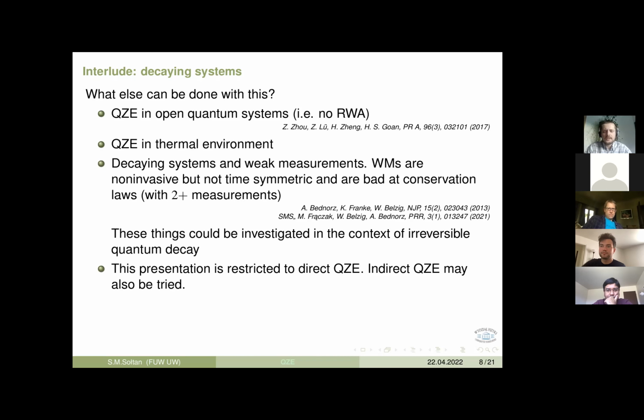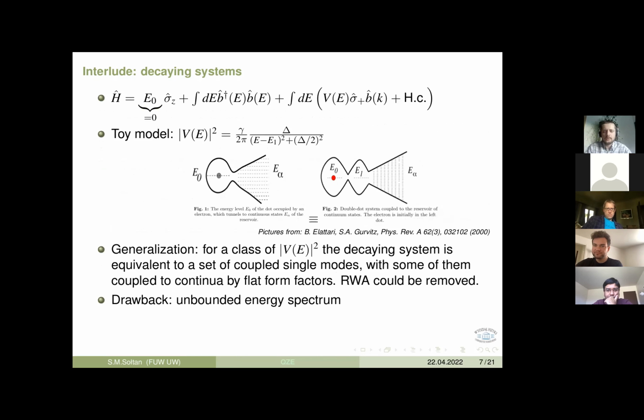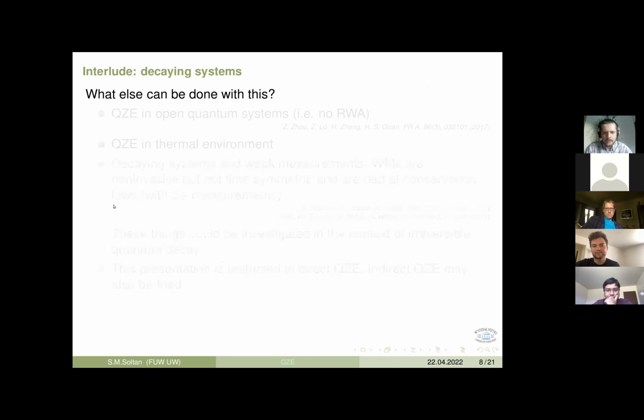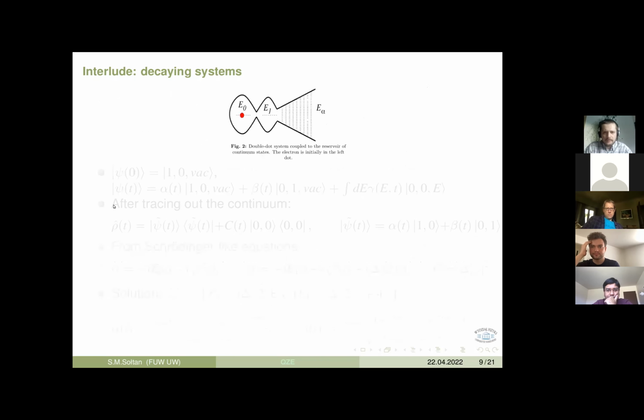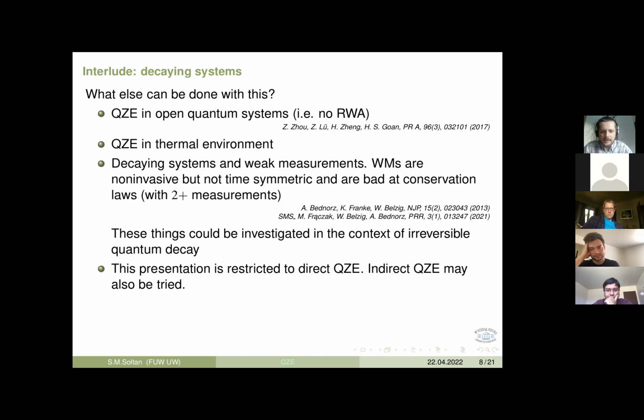In the indirect case, the observation is not done on the system, but on, let's say, the products of decay, or it is not performed on the quantum dot itself, but on the electrons that escaped the quantum dot. So, well, some attempt at generalizations may use these simplified models.